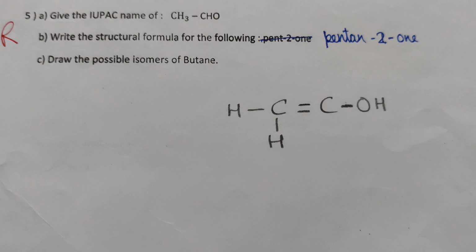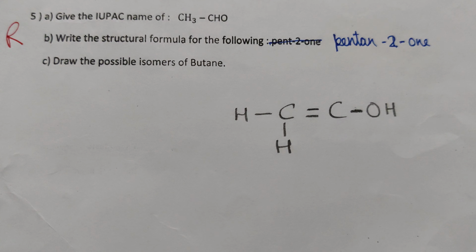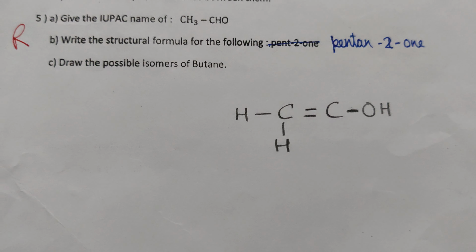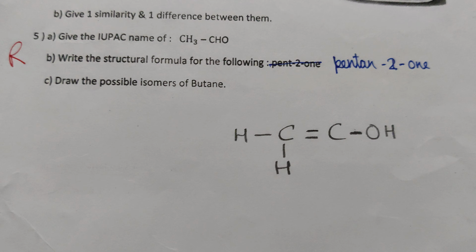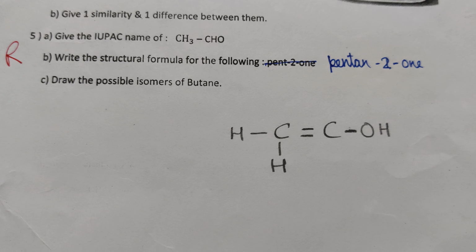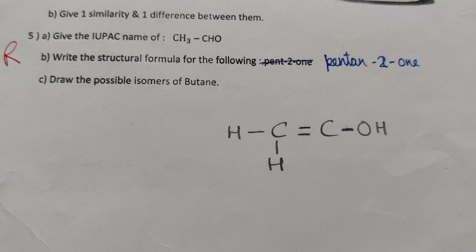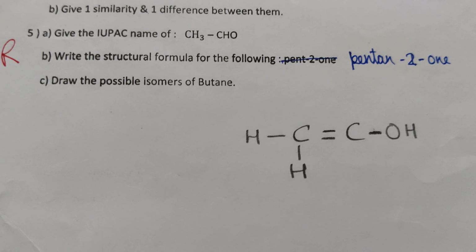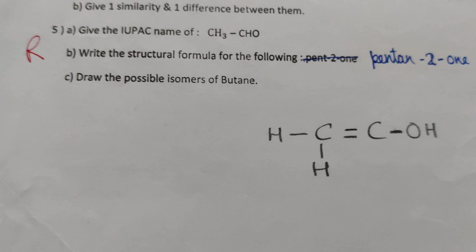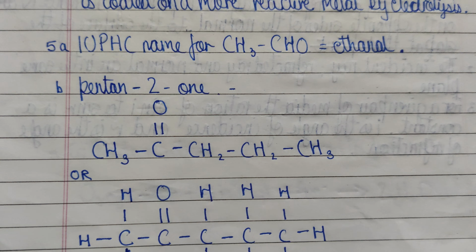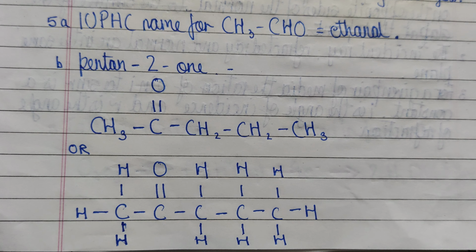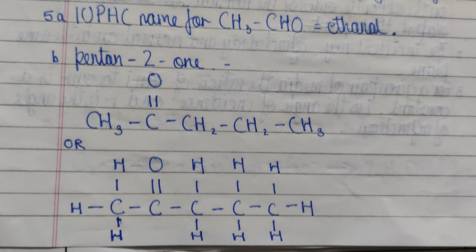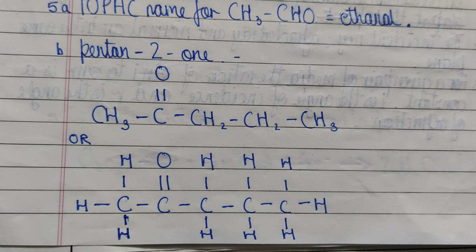Give the IUPAC name of CH3CHO. Write the structural formula for the following: pentan-2-ol. Draw the possible isomers of butane. IUPAC name for CH3CHO is ethanal.